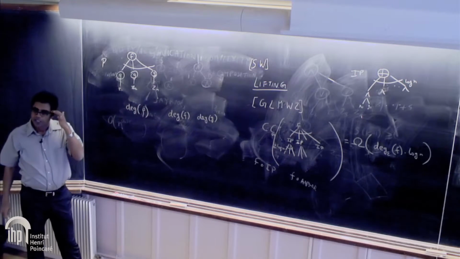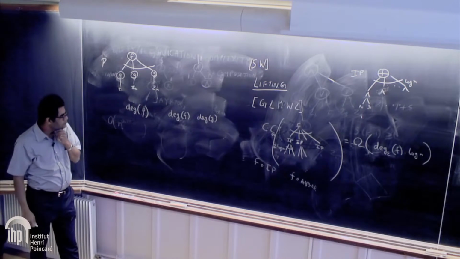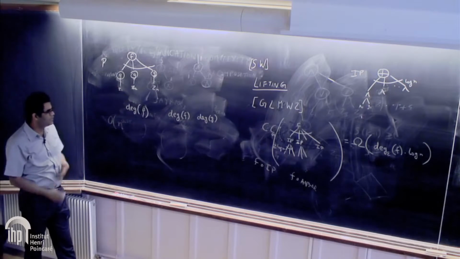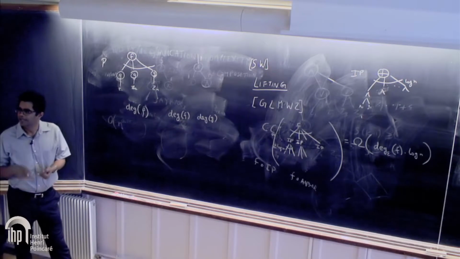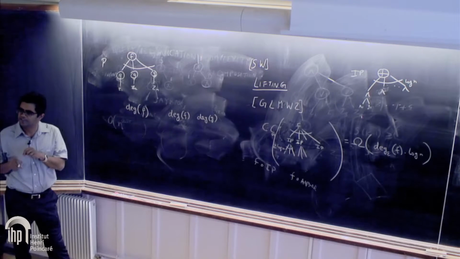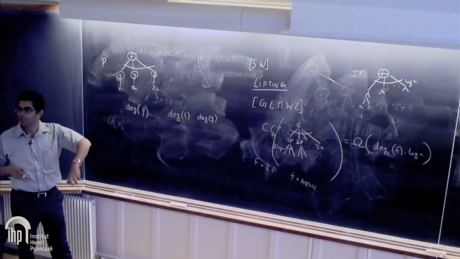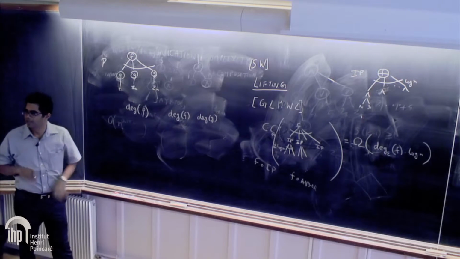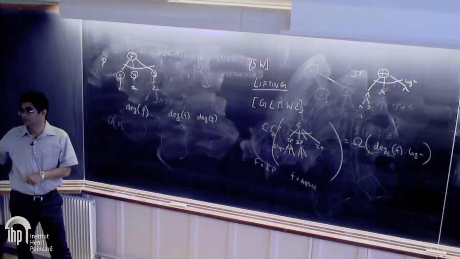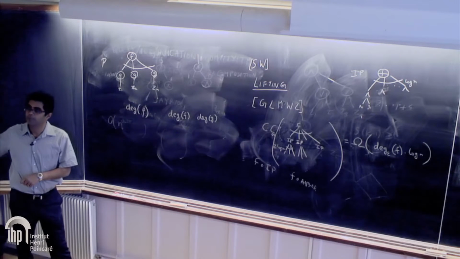Okay. So it turns out that you take the conical junta for f, which has conjunctions and literals, positive and negative. Replace the positive literals by conical juntas for g, and the negative literals by conical juntas for the complement of g.